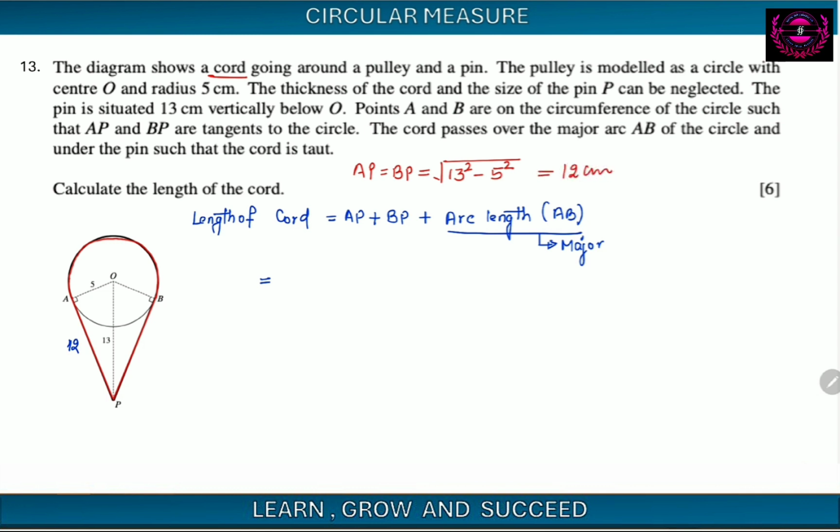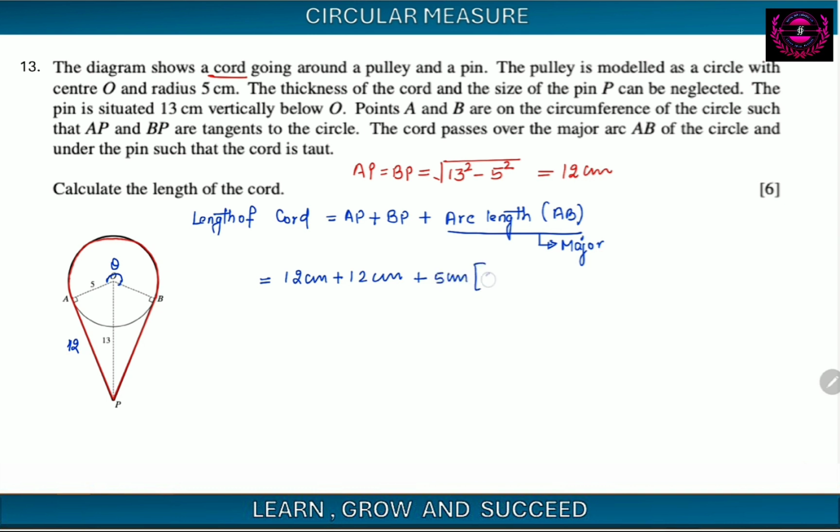So this is 12 centimeter plus 12 centimeter plus arc length AB. So arc length is r theta. We have radius equal to 5 centimeter, but we do not have this angle theta.